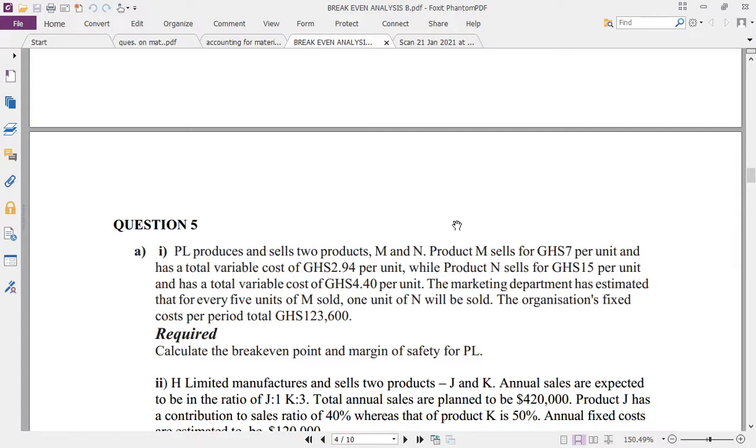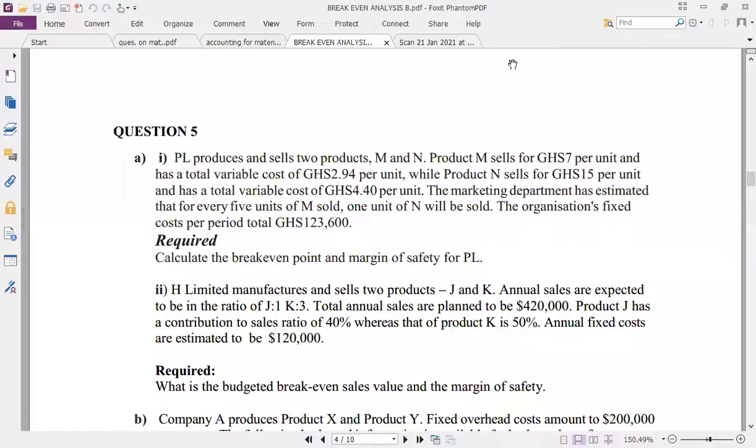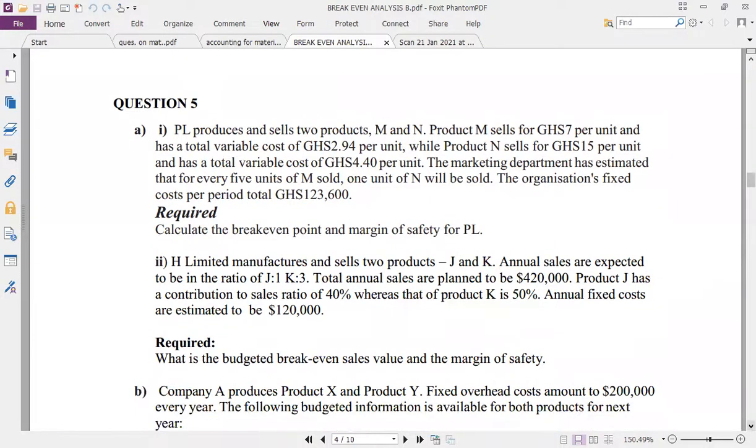Let's see. Sorry, question 5. Question number 5. Great. So that is it. Now let's see question 5.